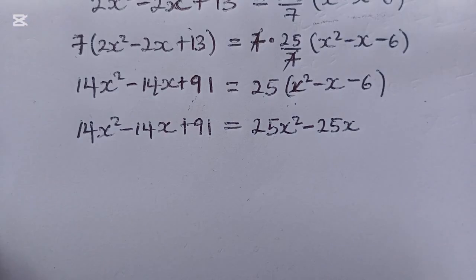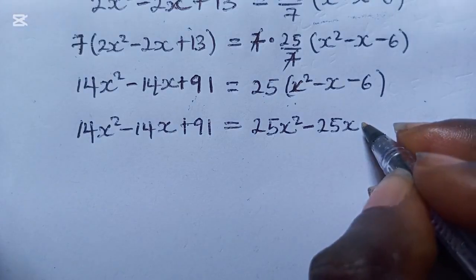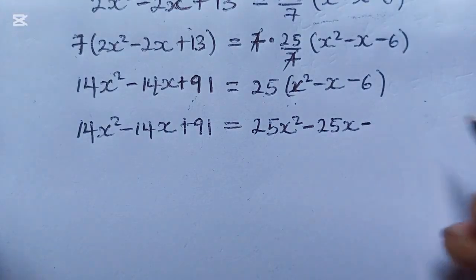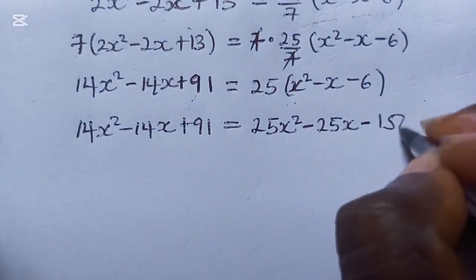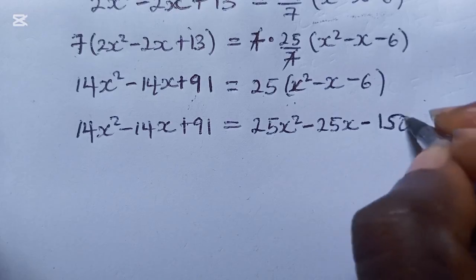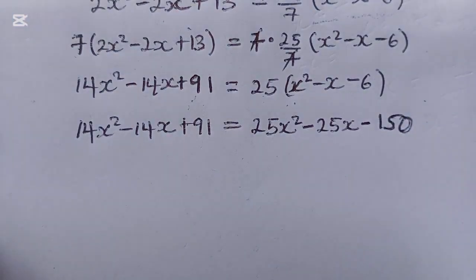Now 25 times 6, that's minus 25 times 6, that's 150.